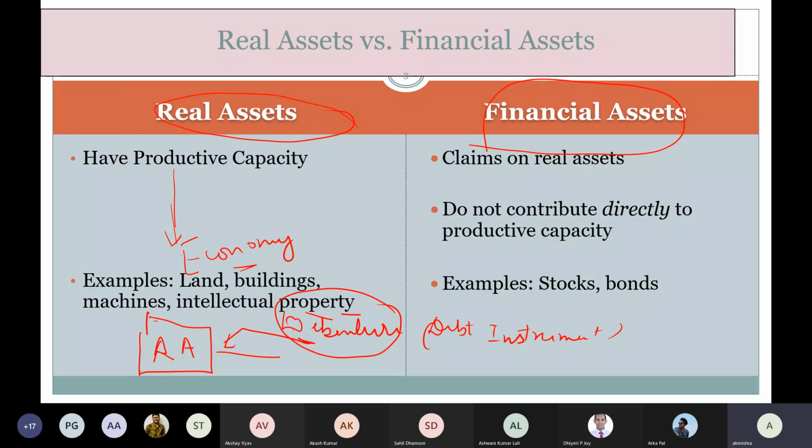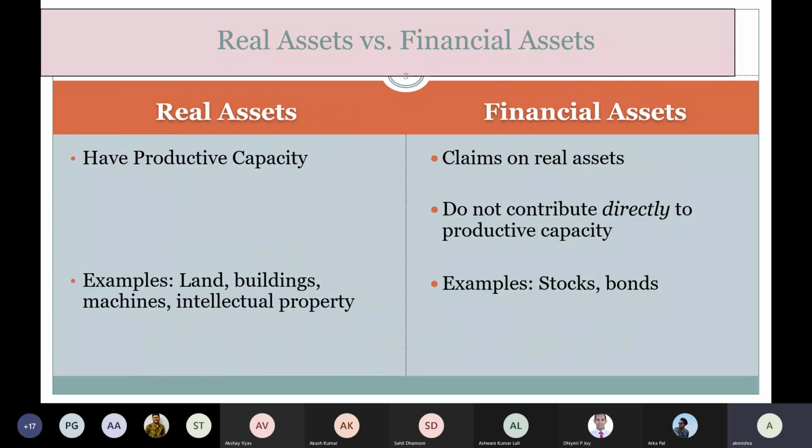So what we are saying is that financial assets basically give claims to the various investors or various owners in a company, and that claim is a claim on the real assets.